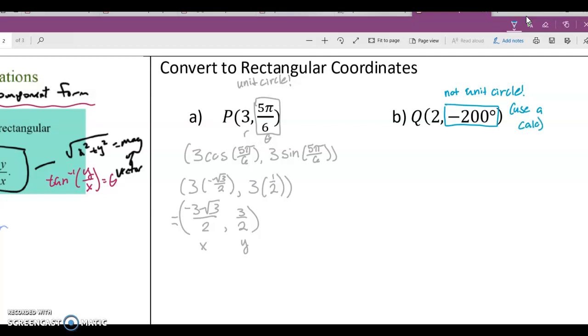So going through this same process that we did up here, we're going to take our r, so 2 times the cosine of negative 200, and then 2 times the sine of negative 200. So like I said, I don't know those off the top of my head, but I already did this math out, and you should end up with negative 1.88 and 0.68. So this gives you an x and a y.